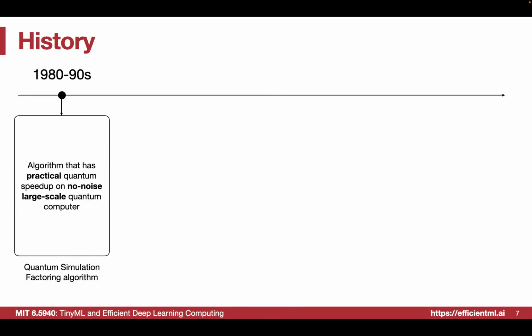Rest assured, that will not happen tomorrow, because first of all, quantum machines are not very reliable, and also the size of the quantum machines available is not that large. The factoring algorithm may take around 1 million qubits to do some meaningful tasks. But that's the hope, right?